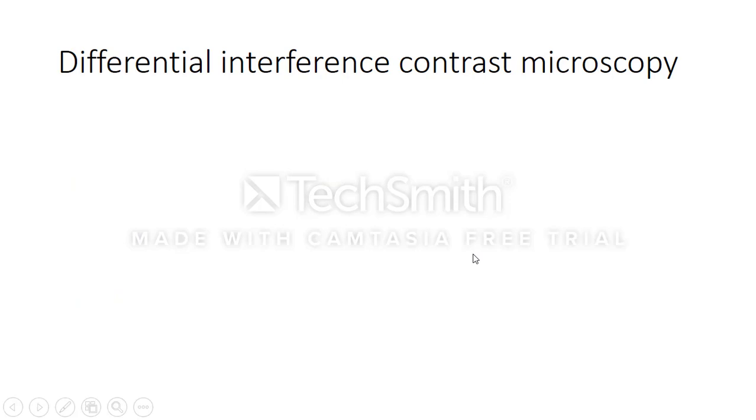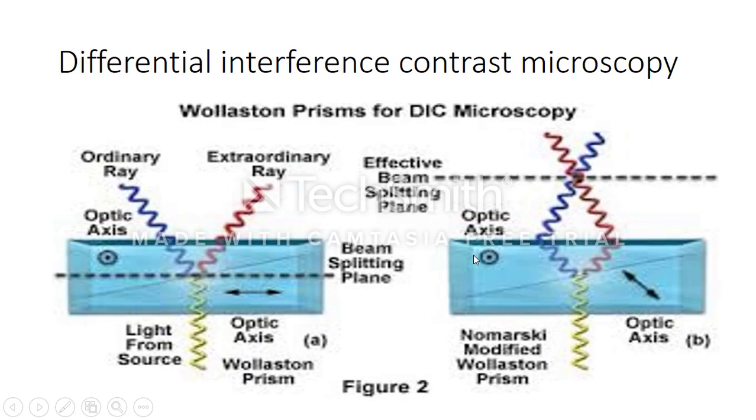Moving on here to differential interference contrast microscopy. Now what this does in a simple manner of explanation is it takes on light rays and it uses a polarizer to cut out a certain orientation of wavelength. So wavelengths can be vertical, horizontal, and in a simple scenario, let's just say we have wavelengths coming in that have a vertical aspect and a horizontal aspect.